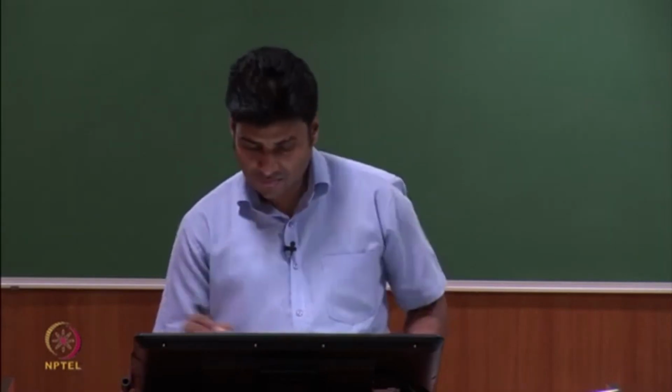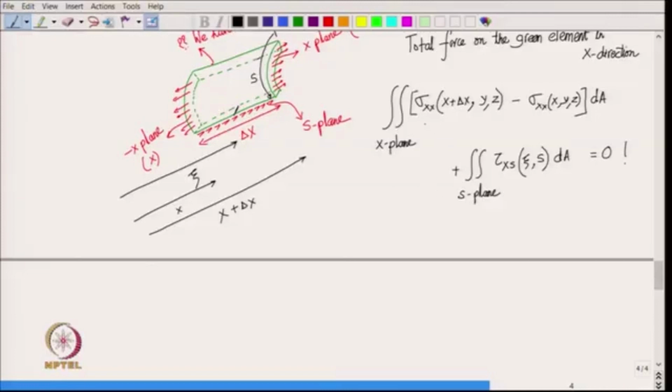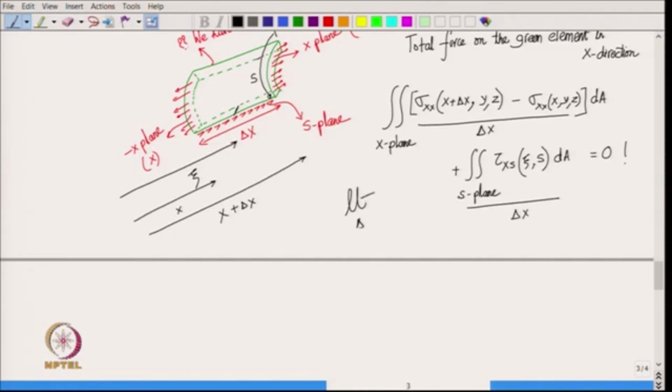Now, as earlier, we could take this green element of any size. So, this delta x could be arbitrary. So, why do not we divide this whole thing by delta x and take the limit as delta x goes to 0. So, we divide this whole thing by delta x and this also by delta x, and then take the limit as delta x goes to 0.